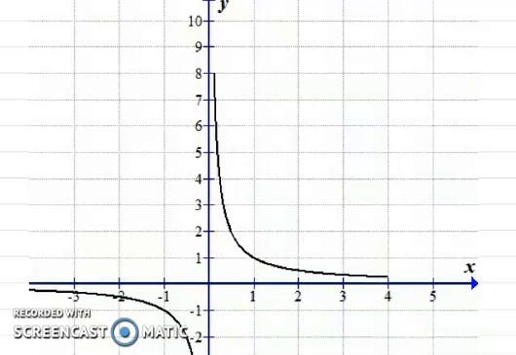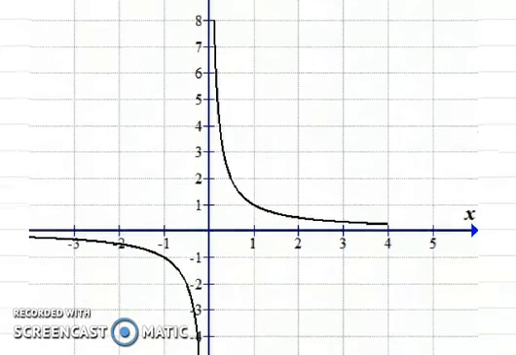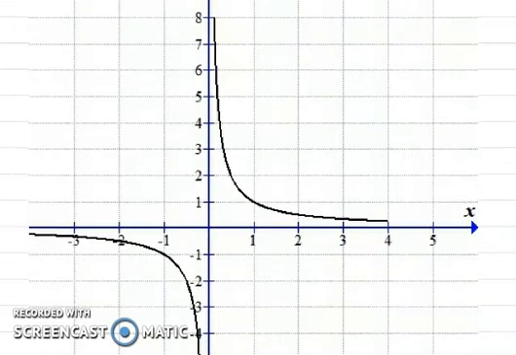Now, the graph of y is equal to 1 over x is what's displayed on the screen right now. Both the x-axis and the y-axis are asymptotes. Now, if I shift the entire graph 1 unit to the right, the new asymptote is going to be the line x is equal to 1.